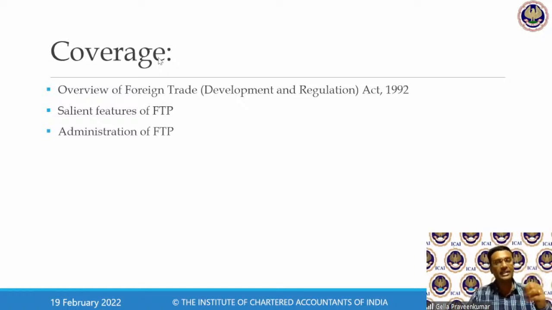This DGFT comes with a policy called Foreign Trade Policy, which is generally governed for 5 years. Right now we have the 2015-20 policy, which was supposed to lapse in 2020. Because of COVID, it got extended by 1 year. By 2021, we are still continuing with this old policy of 2015-20.